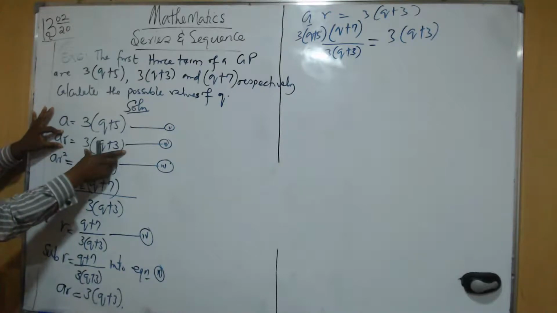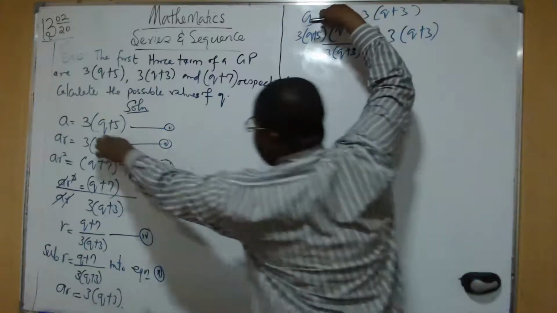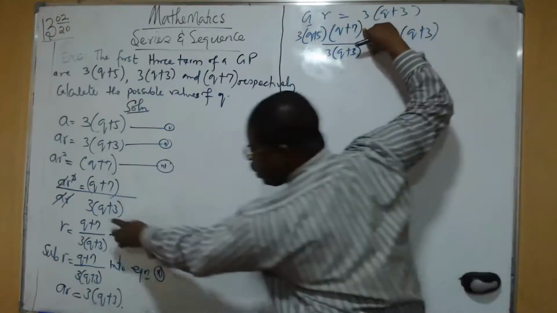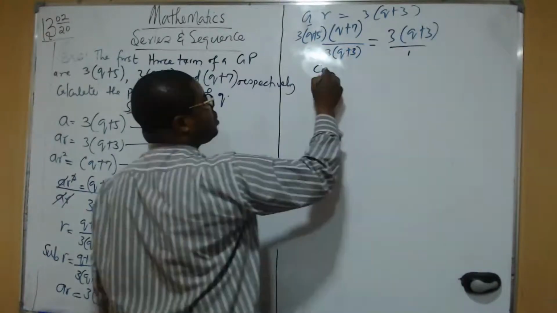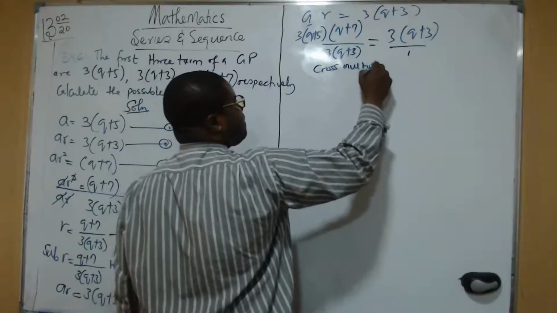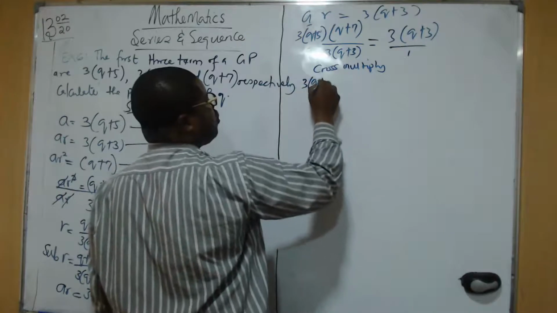And that's what I've done here. So this is our a, and this, our r, is (q + 7) divided by 3(q + 3). Cross multiply. We are going to have 3(q + 5).